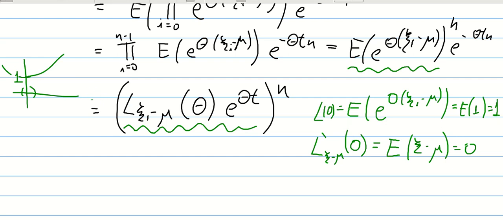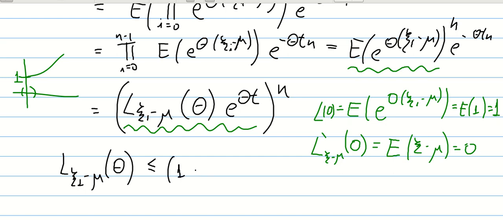But the important thing is that around 0, we can say that L psi 1 minus mu is bounded by 1, right?